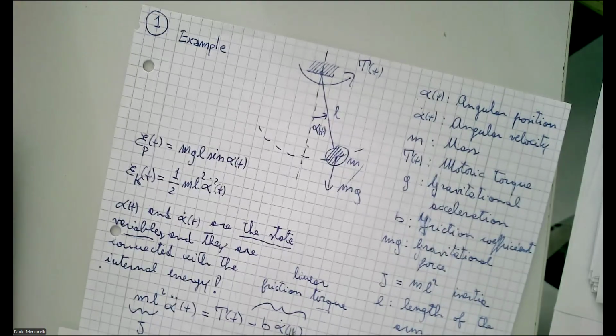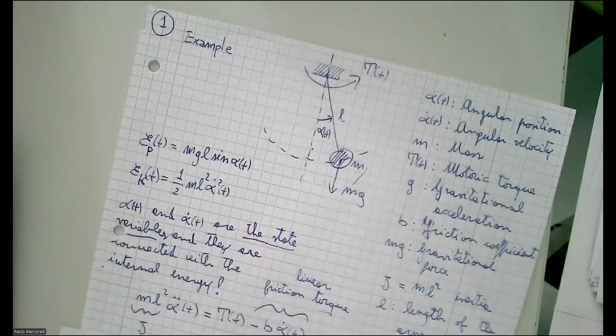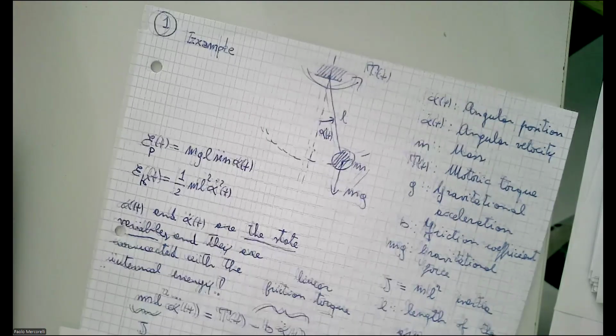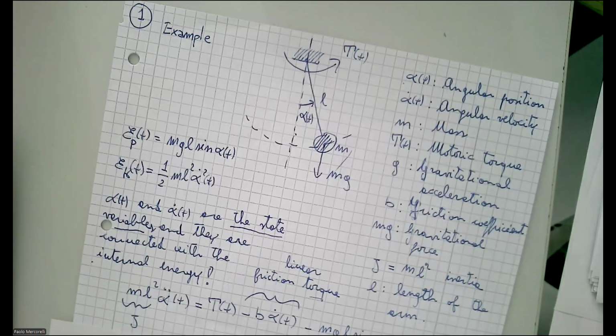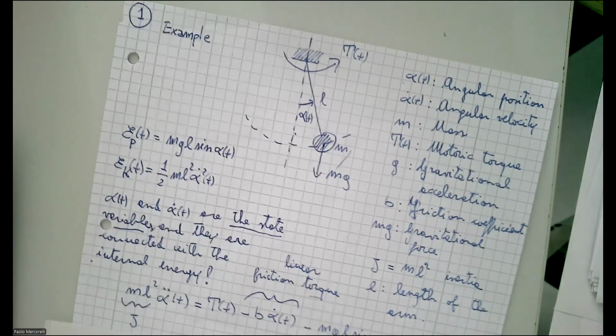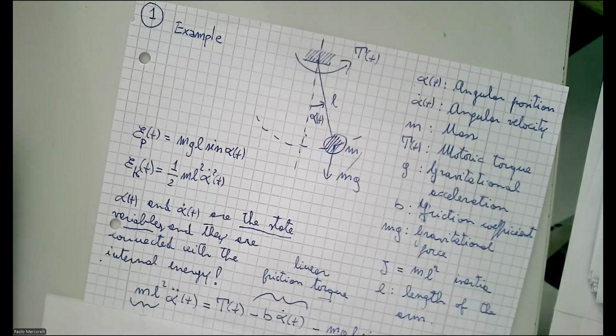No? Because of the losses. About that, I can improve the answer, but let me go ahead because otherwise we don't have time to analyze the control. The mgL sine is the last element which we have in this torque balance, which basically is an energetic balance. The dimension of the torque is energy.